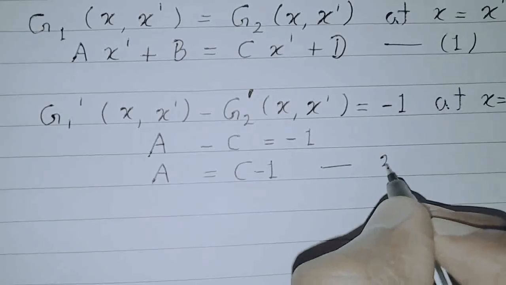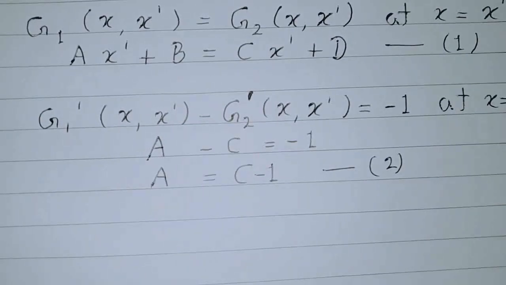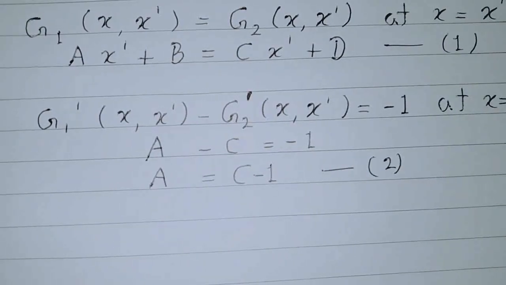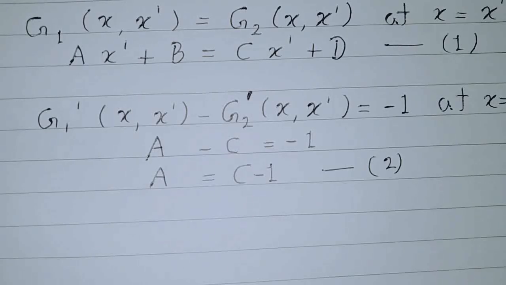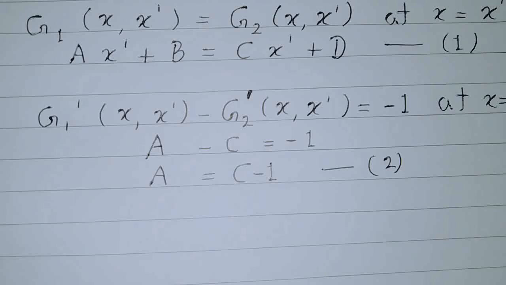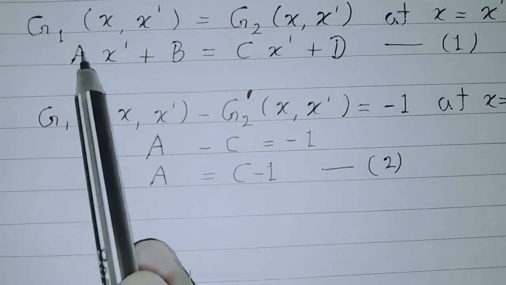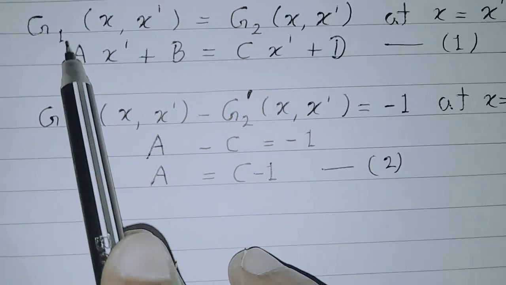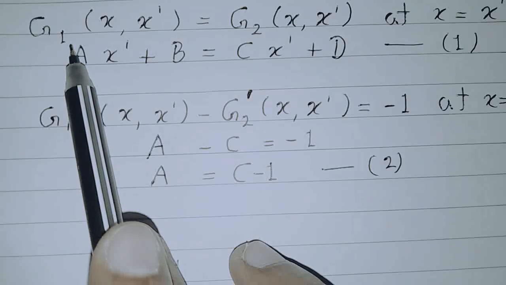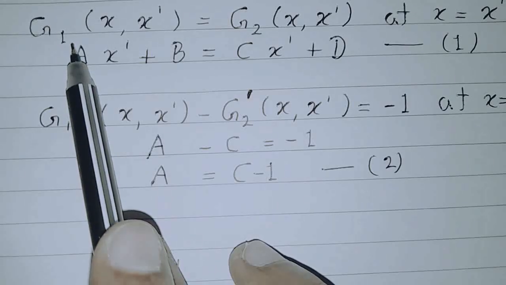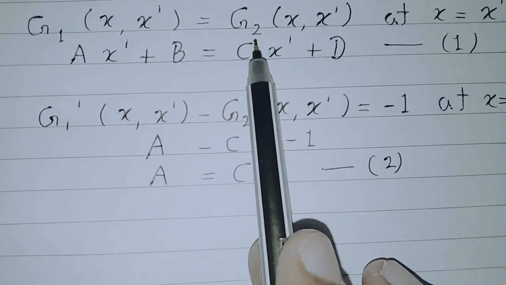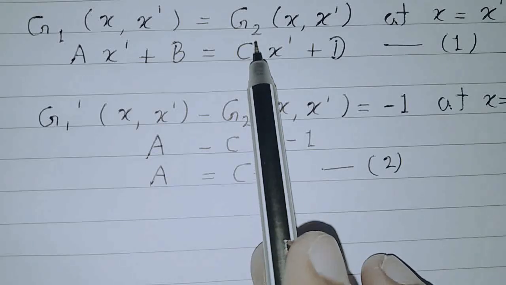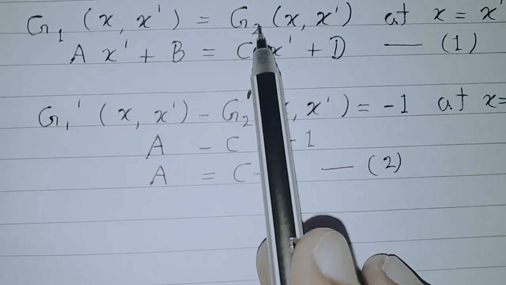Now this is our second relation, and also the third relation tells us that the boundary conditions which are given with the given ordinary differential equation are also satisfied by these two parts of the Green's function, that is g1 and g2, but g1 will be satisfied at the first boundary value condition, that is at 0, and the g2 part will be satisfied at the second point, which is 1.